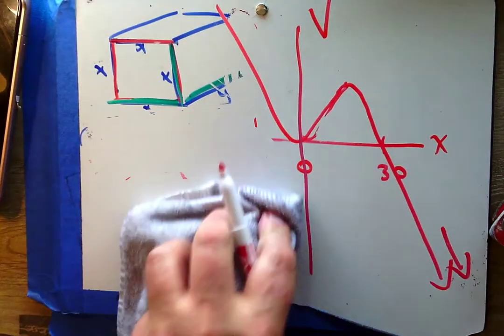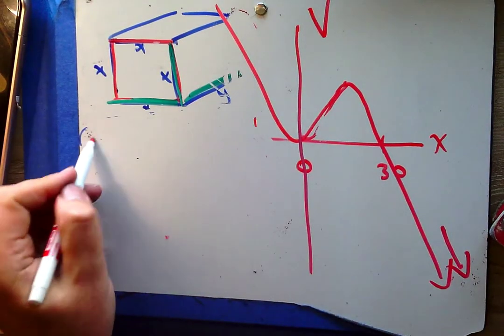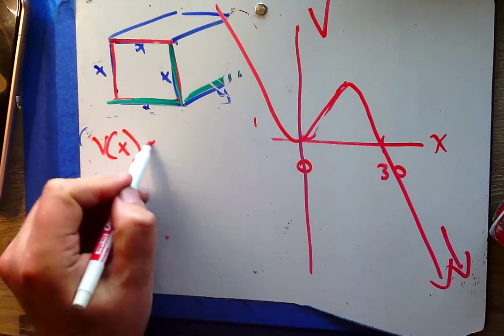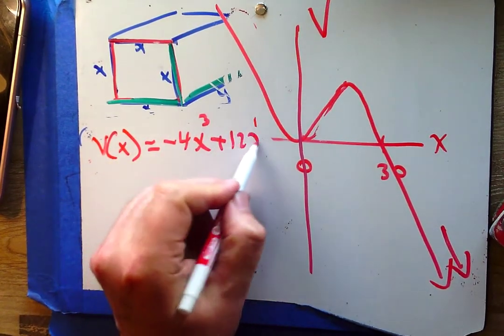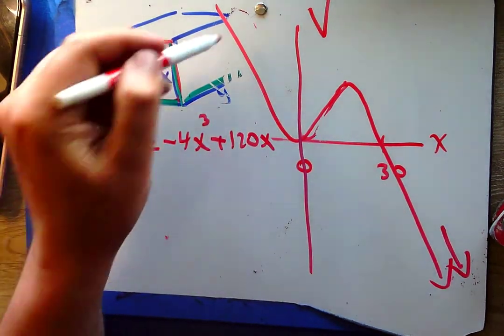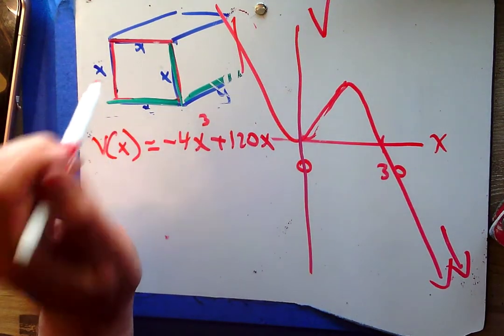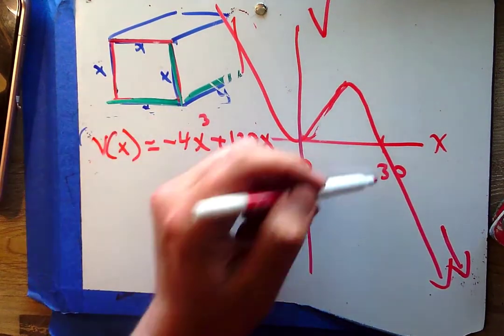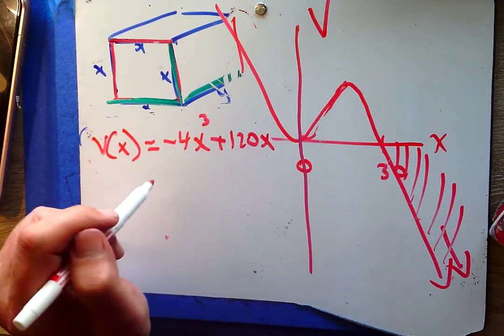Okay, so let's talk about the domain of this volume function. Well, the domain of any polynomial is, of course, negative infinity to positive infinity. But in this situation, we are talking about the real world. And in the real world, you can't have a box with a negative volume. Not yet, you can't. Maybe some of you will figure out how to do that.